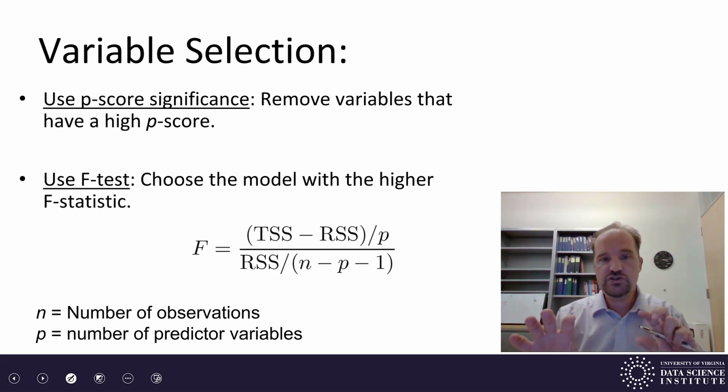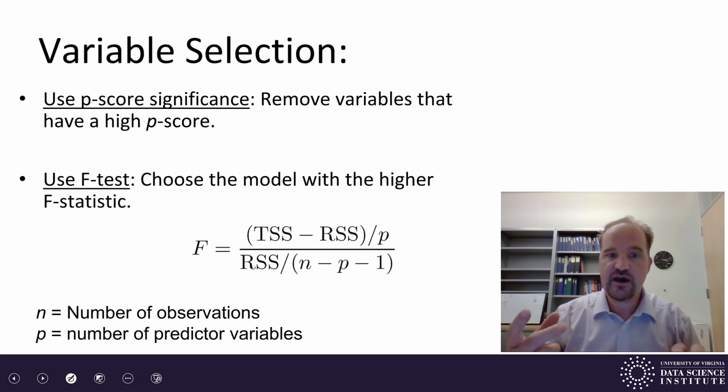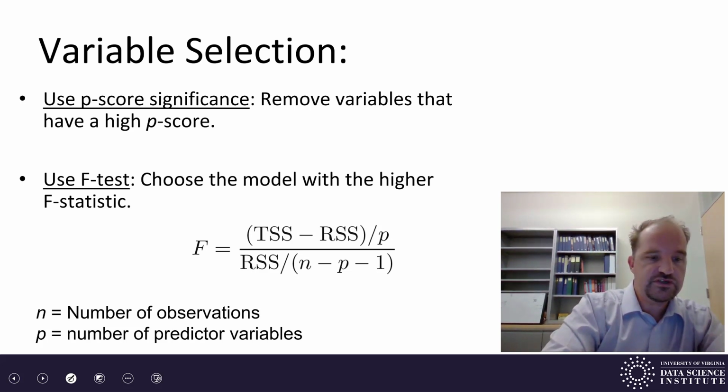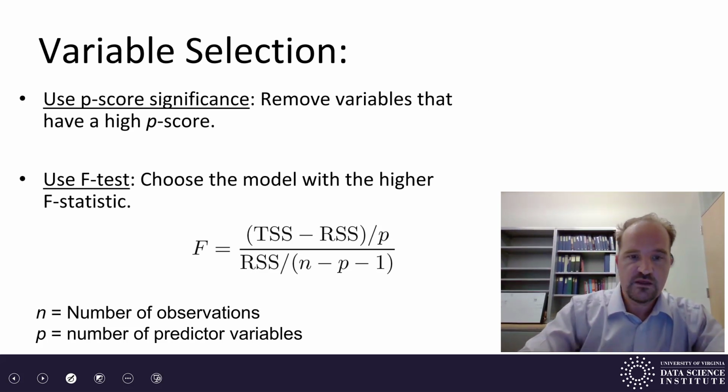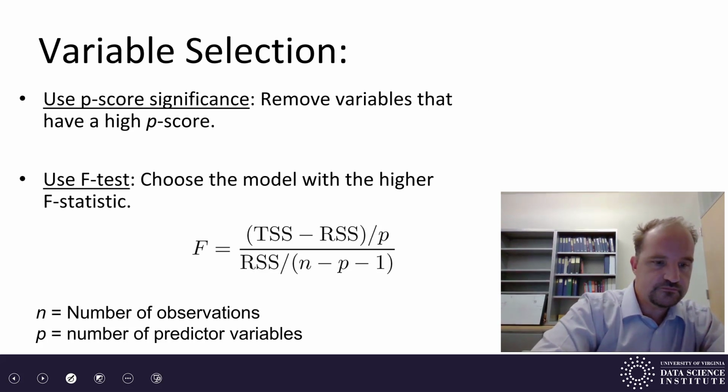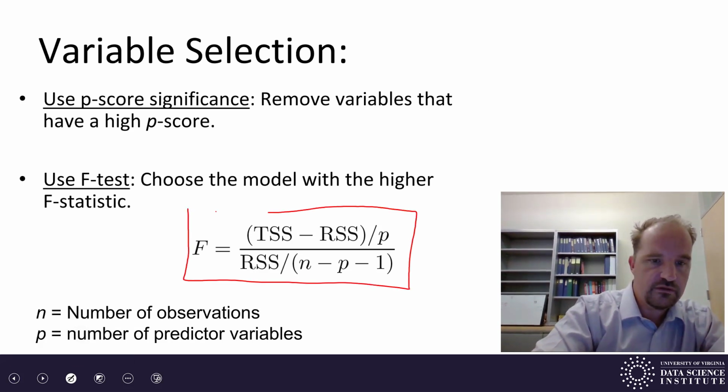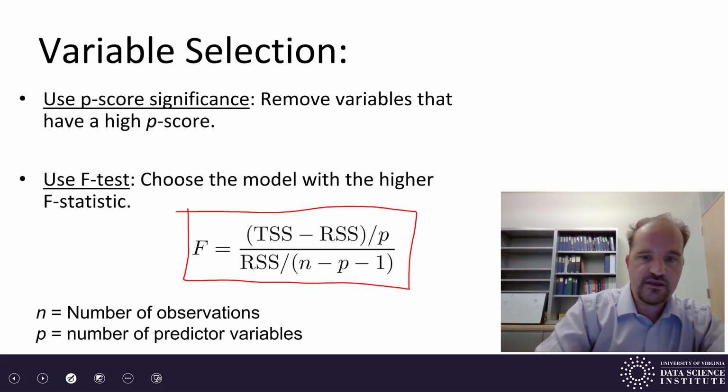So if we're choosing between two different sets of input variables, we're going to choose the set of input variables that gives us a higher value for the F statistic. The F statistic has the formula shown on the screen here, where n is the number of observations, and p is the number of predictive variables.